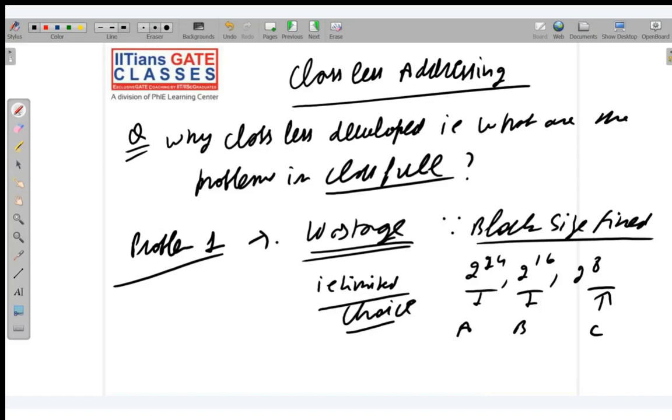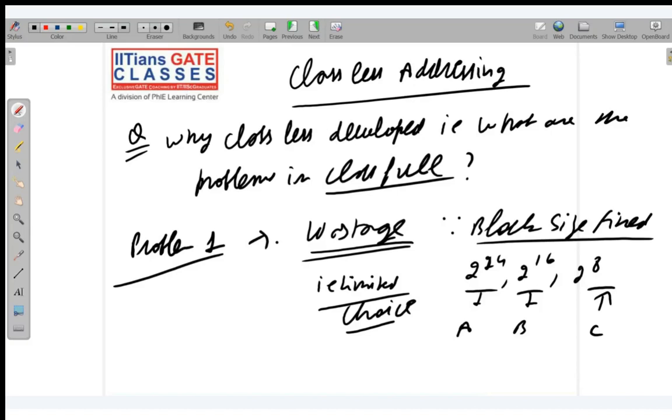Next point, subnetting was not always possible, because the number of organizations sharing a block must be in power of 2.